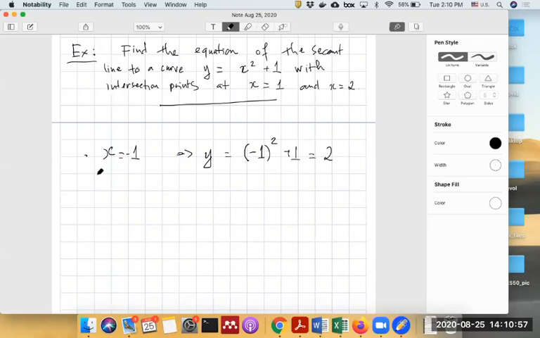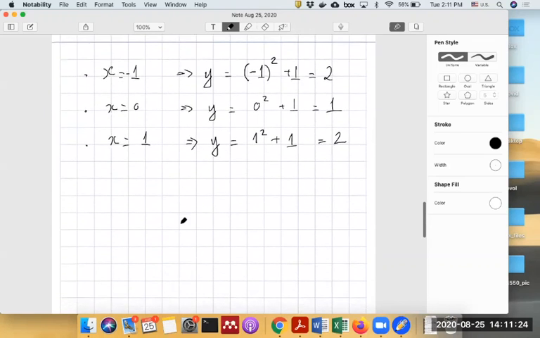Okay? How about at x is equal to 0? What is y? Perfect. 0 squared plus 1 will give us 1. And at x is equal to 1, perfect. 1 squared plus 1, which is 2.